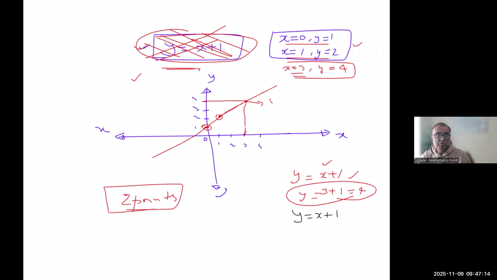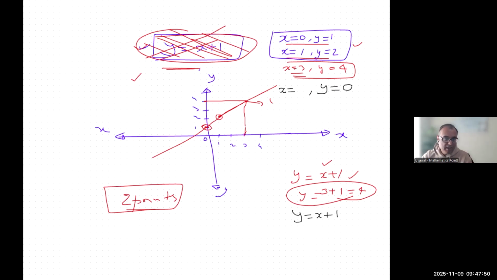It is just a rearrangement of the linear equations that we've learned, right? So if I have y equals 0, can you tell me what is x? Y is 0, what is x? -1. Yes.